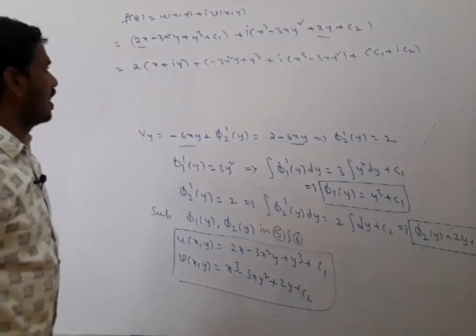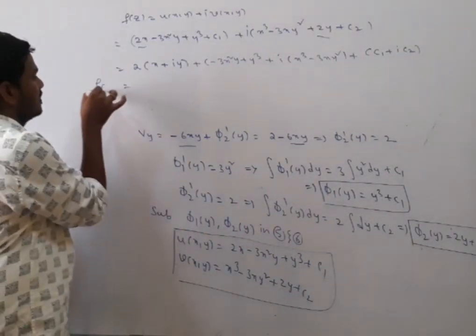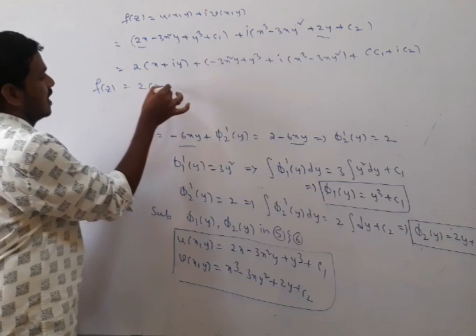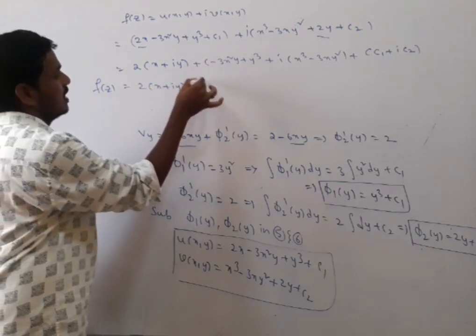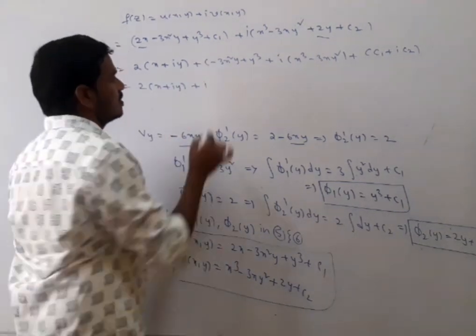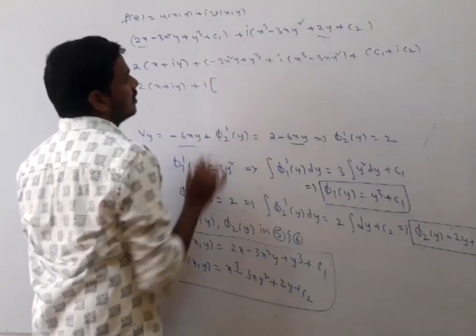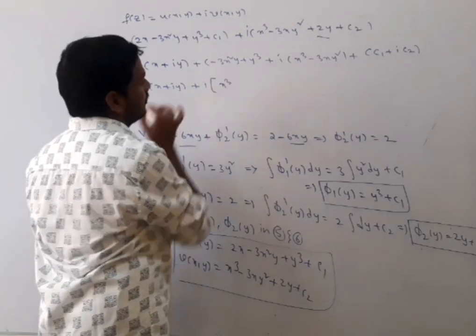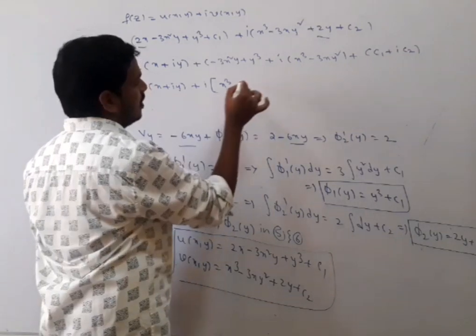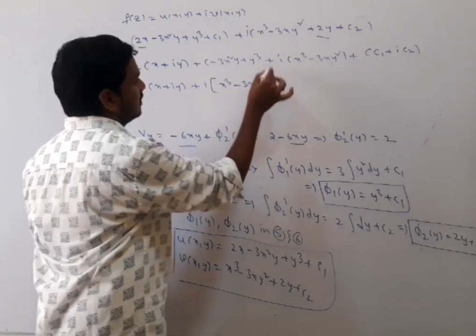This can be written as f of z is equal to 2 times x plus iy plus i times, taking i common, x cube minus 3xy square.